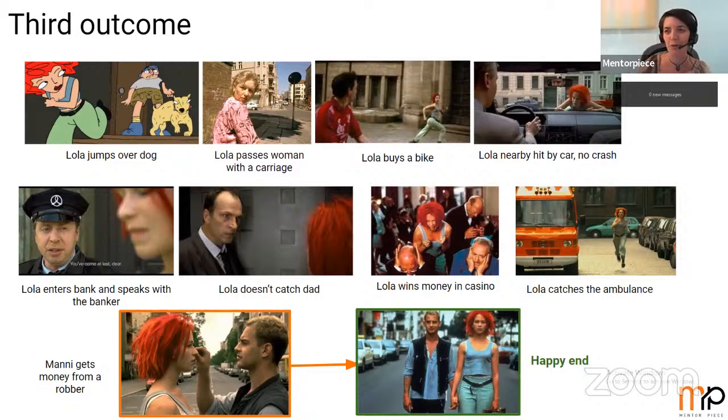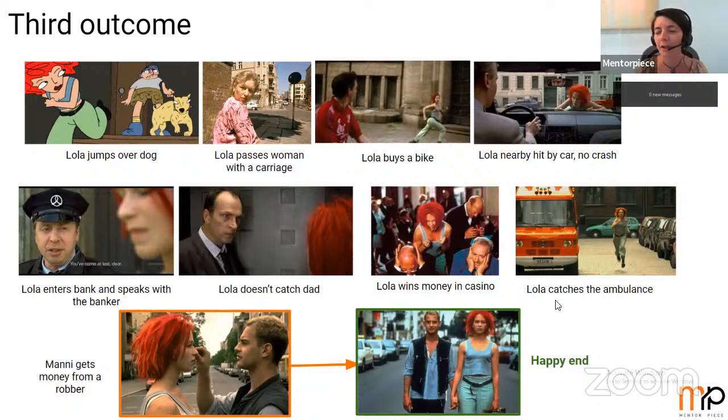So with this needed sum of money, she's running further, catches the ambulance, and while she is running in this variant of reality, Manni gets money from a robber. And we have a happy end, and this pair have a double sum of money.